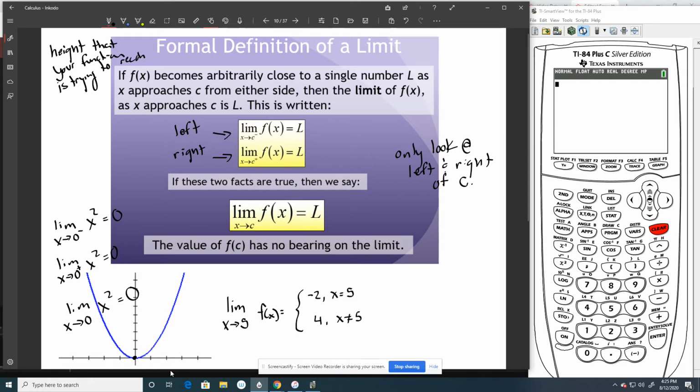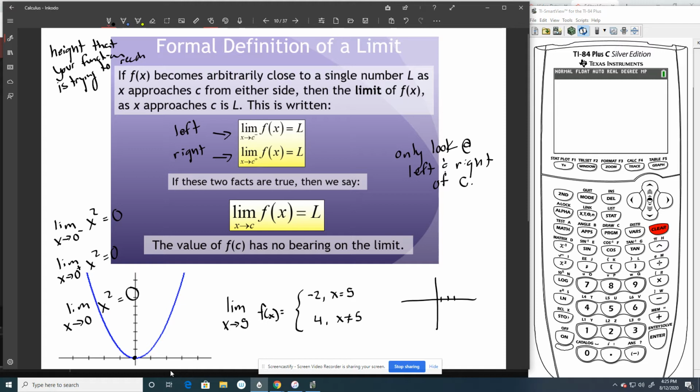So for example, look at this function. The limit as x gets closer to 5 of my function, f(x). This is a piecewise function. So what it looks like is if x is equal to 5, then my y value is going to be -2. Otherwise, if x is any other number, my value is going to be 4.